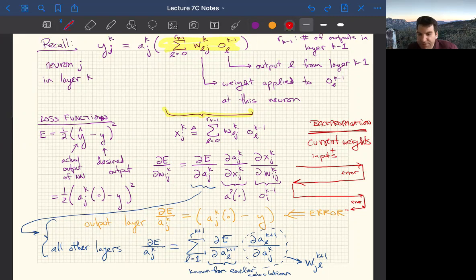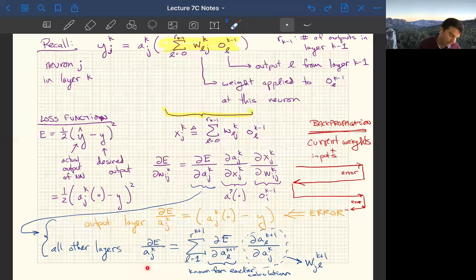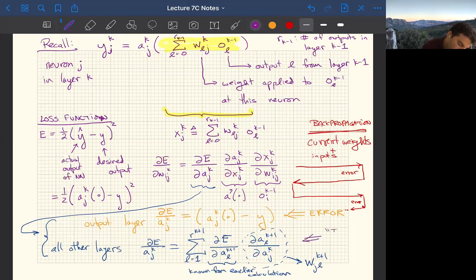I don't fully understand the partial derivative for all other layers of the error with respect to activation. I think you're referring to this big partial derivative down here. And so this is the total derivative.